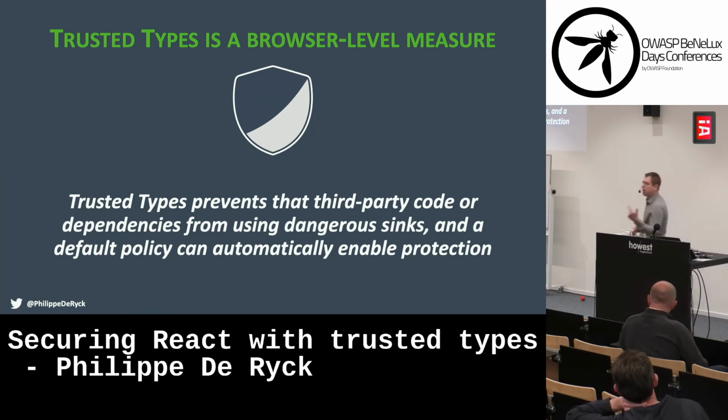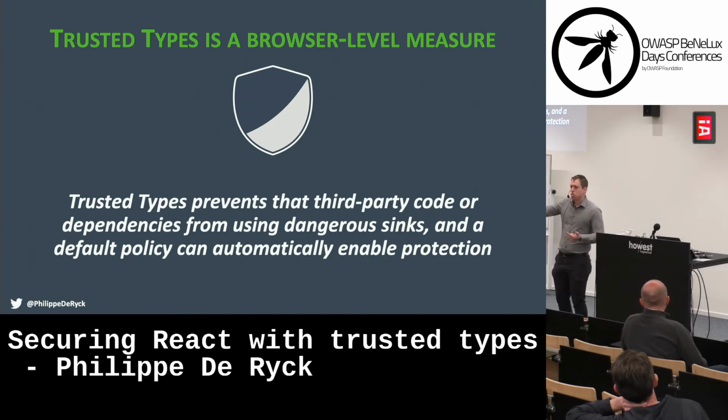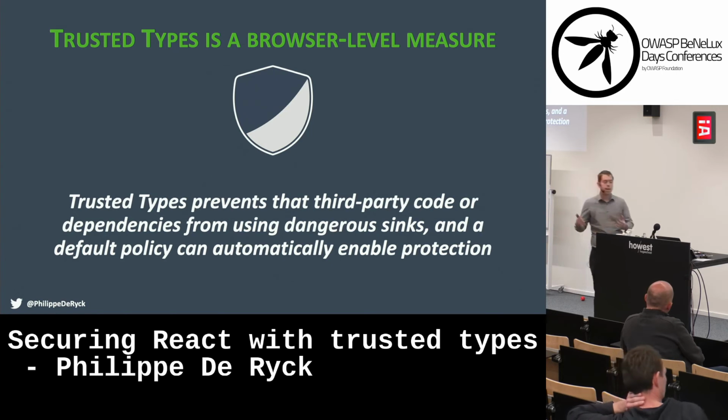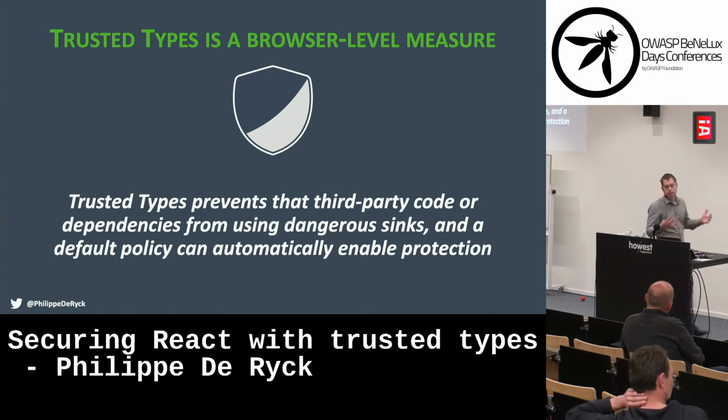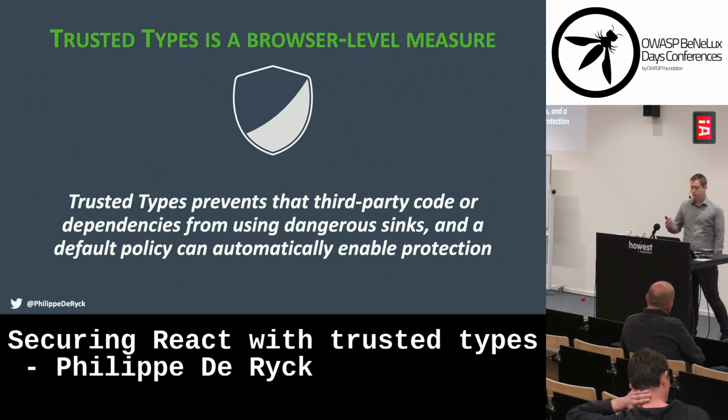And the second thing is, with a default policy, you can build a catch-all that automatically captures text-based assignments and transforms them into something safer before it's assigned to the DOM. And that transformation step you apply there, that's your security process. That's where you apply things like sanitization or whatever else you think is a good security measure there. But it's going to be sanitization if you want to get this right. All right.